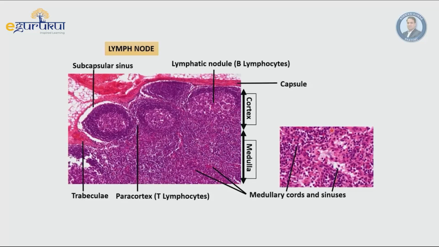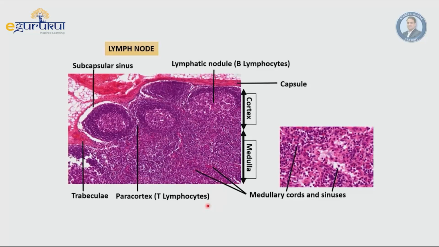Then we have the endothelial-lined spaces inside called sinuses, and the medullary sinuses are the spaces which drain the lymph from the cortical region. They take the lymph from the cortical region toward the efferent part of the lymph node. So this is the region where you have the medullary cords and sinuses. These are the features of the lymph node.